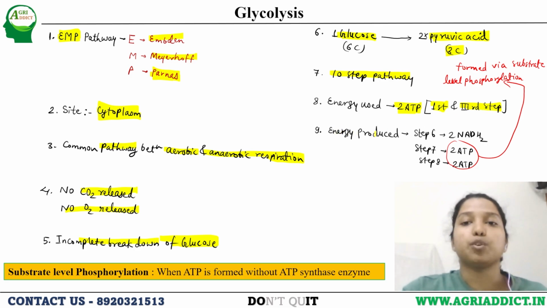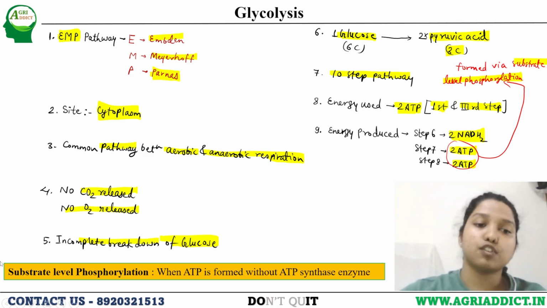Now comes the energy produced. The first energy is produced in step 6, that is 2 NADH2. In step 7, 2 ATP, and in step 8, 2 ATP. And the 4 ATP produced in glycolysis are formed via substrate level phosphorylation.